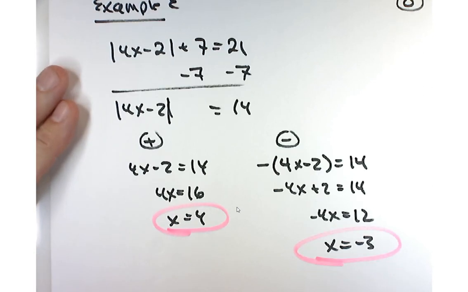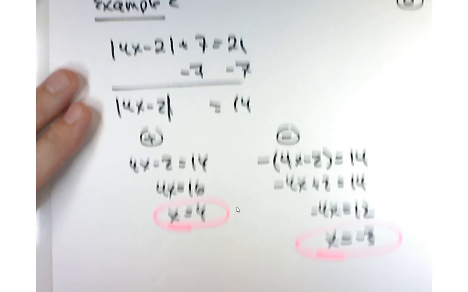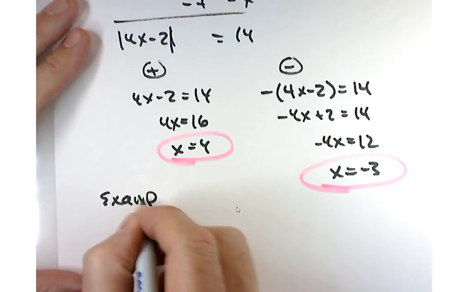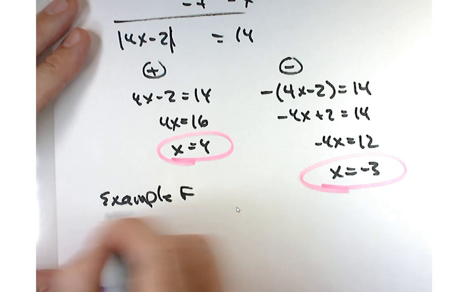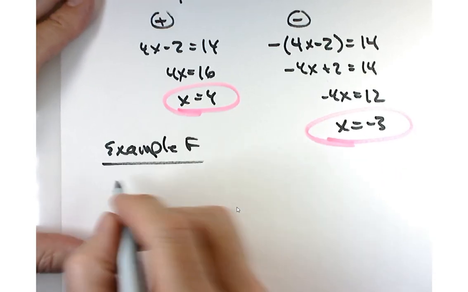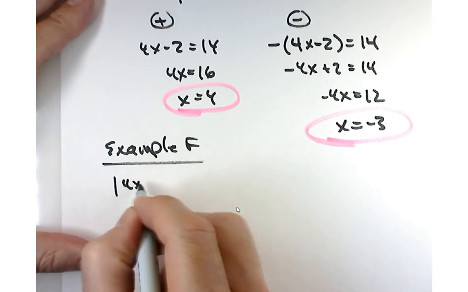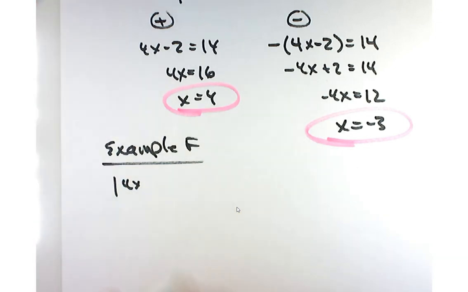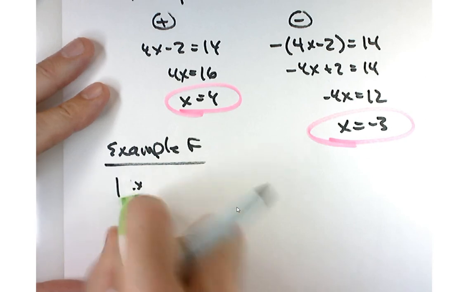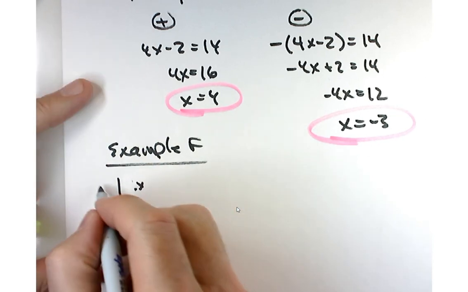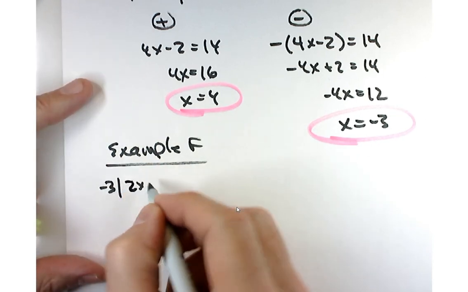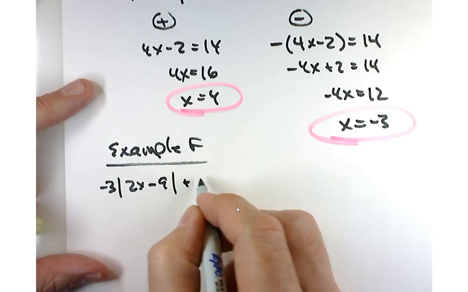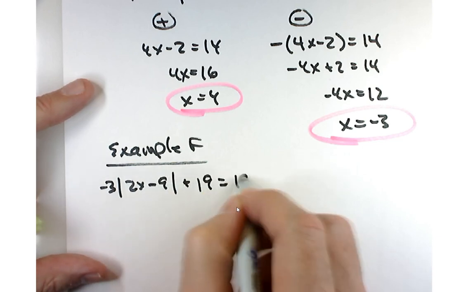All right, let's do one last one here. Example F. Negative 3 times the absolute value of 2x minus 9 plus 19 equals 19.